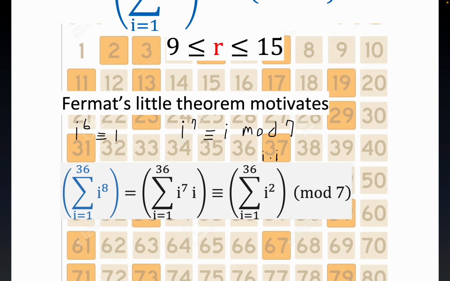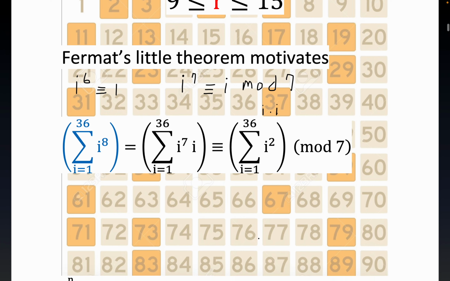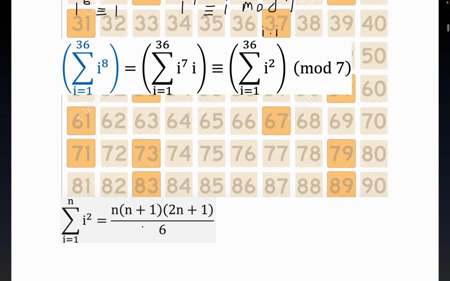Again, I to the 7th gets replaced with I squared, right? And so now you may know this super common problem, you see this in a calculus class when you're doing integrals quite a bit by definition. But notice that all we've got to do here is just hand this problem off, because we have the sum of the first 36 squared numbers. So this would become a congruence. And notice how it is important whether you use equal or congruent.